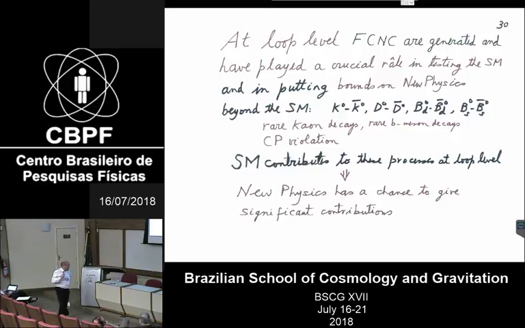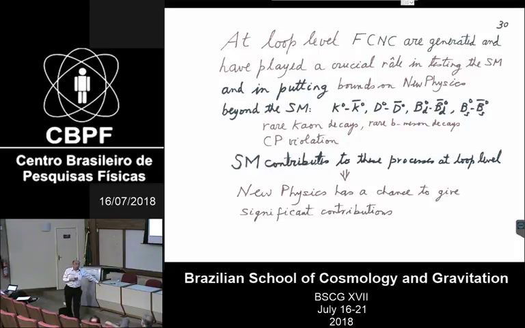Let me add the following. I will show you in the next lecture some beautiful plots where, as a result of great work done by experimentalists, you can see how well the Standard Model does. So you may say that new physics is very much suppressed. No, it's not true.